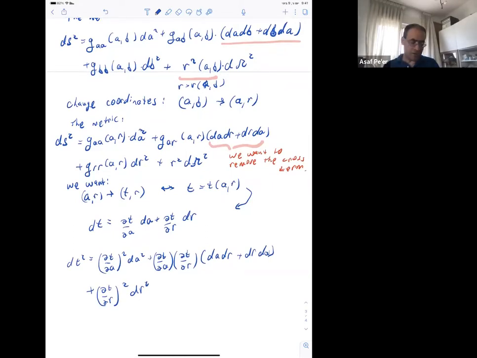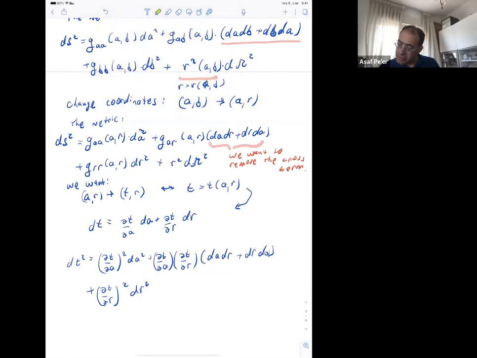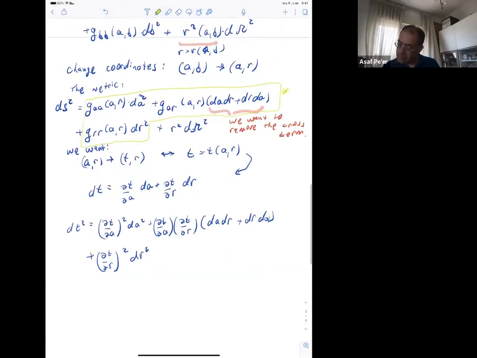To remove them, what we want is essentially to take all these three terms here and replace them with something like m dt squared plus n dr squared.